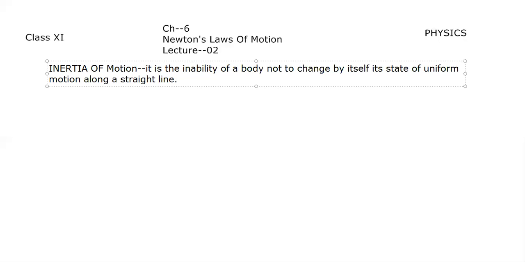So what is inertia of motion? It is the inability of a body not to change by itself its state of uniform motion along a straight line. So the body has the inability not to change by itself.